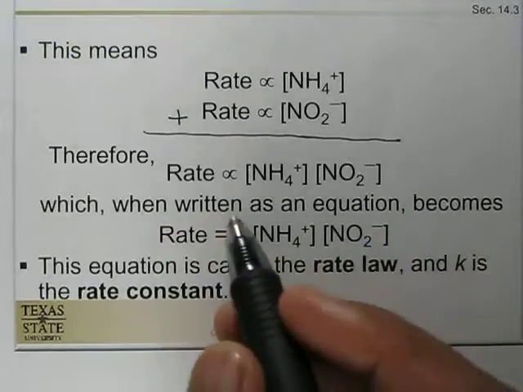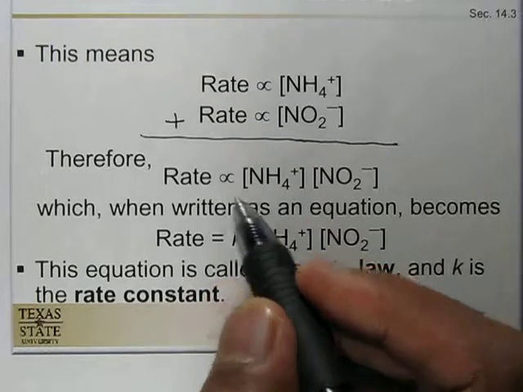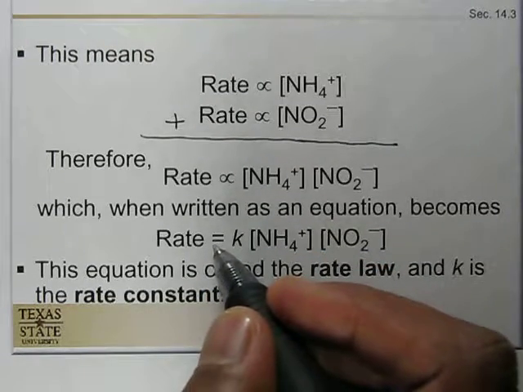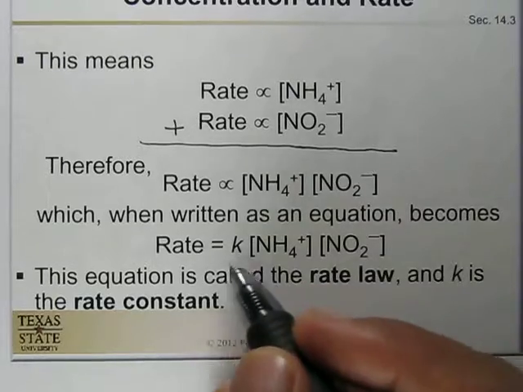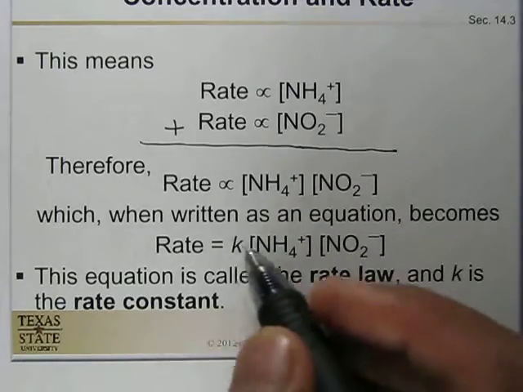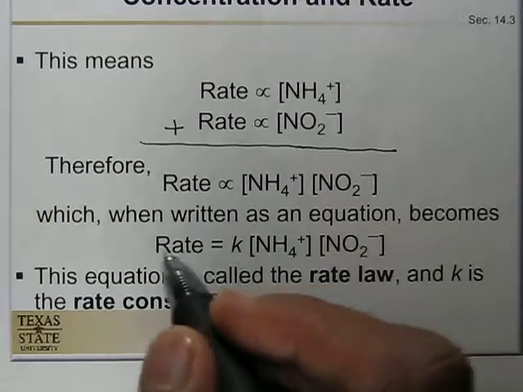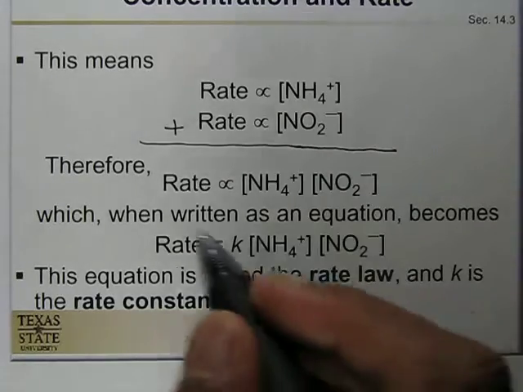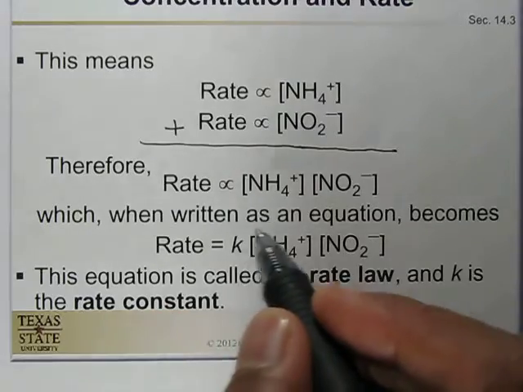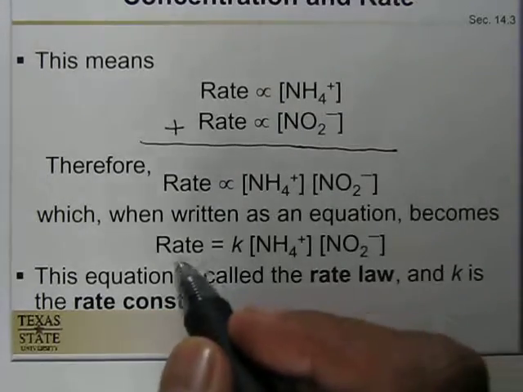And when we remove this proportional sign, we place an equal sign and then place a constant k, and then we can write a new equation: rate equals k times ammonium ion times nitrate ion.